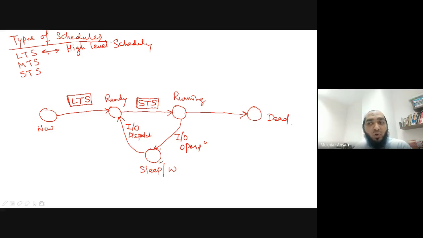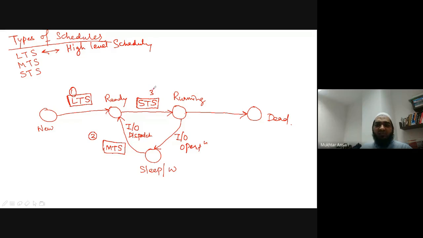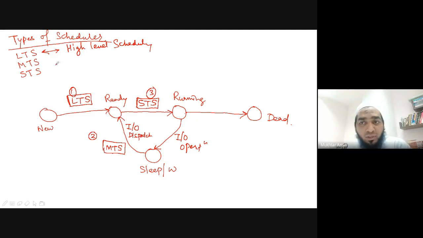तो यहाँ पर जो शेड्यूलर जो होता है हमारा, जो कि स्लीप और वेटिंग में जो हमारे प्रोसेसेस है उनको वापस से रेडी में लेकर जाता है, एक एक करके रेडी में लेकर जाता है। तो वो शेड्यूलर को हम लोग बोलते हैं मीडियम टर्म शेड्यूलर, MTS। ओके, so these three: number one LTS, number two MTS, and number three is STS. ठीक है, कंफ्यूज होने की जरूरत नहीं है। शॉर्ट टर्म शेड्यूलर को हमेशा याद रखना, this is very very short which works between the ready and the running state. Okay, you have LTS, that is long term scheduler, because lot of processes are getting created at this particular state and they are being scheduled and moved to the ready state.